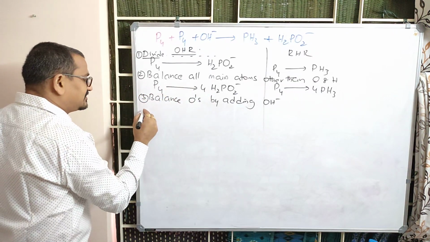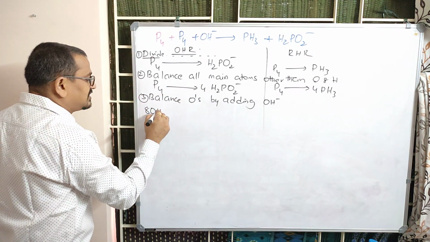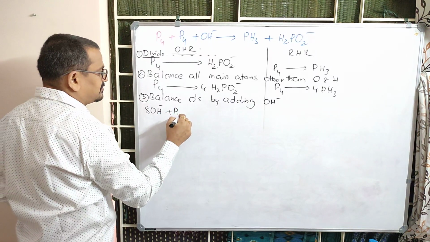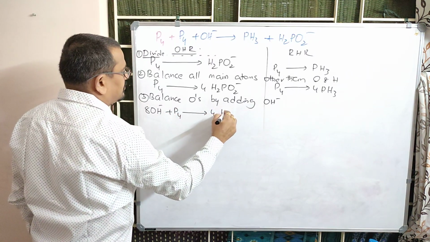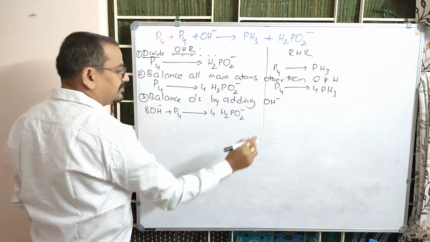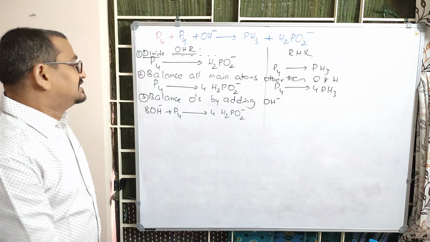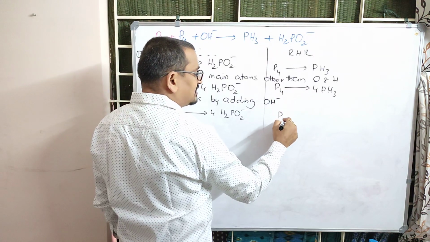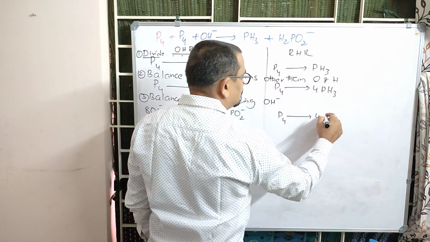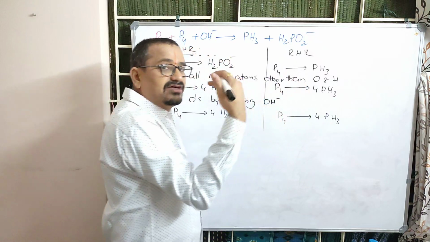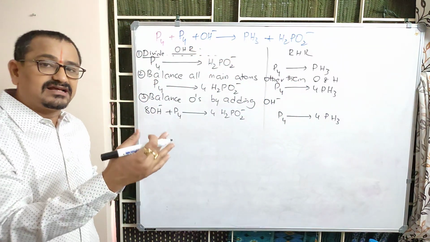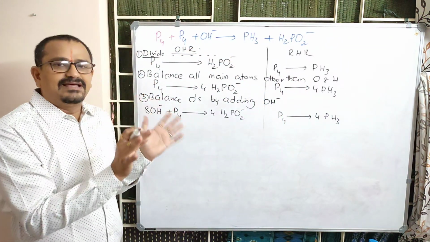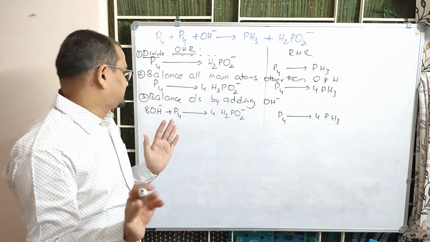So to balance them, add 8 OH minus on the left side. Similarly, when it comes to this equation, there are no oxygens, so no need to balance oxygen. P4 gives rise to 4 moles of PH3. In the next steps, if any oxygens are coming, you can balance them with the same rule. No need to worry about that.